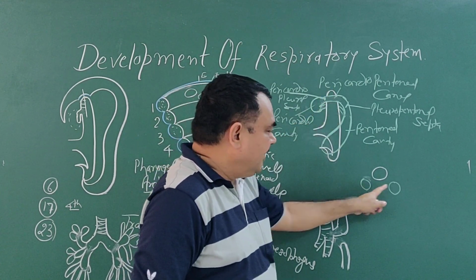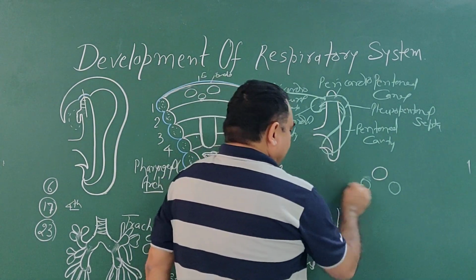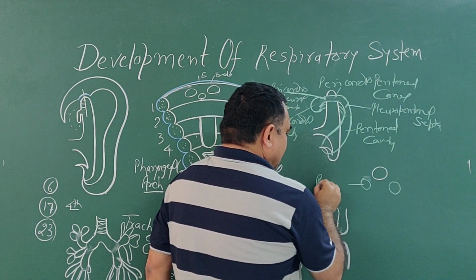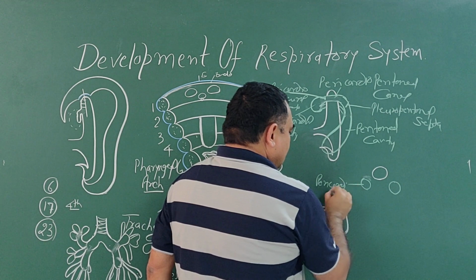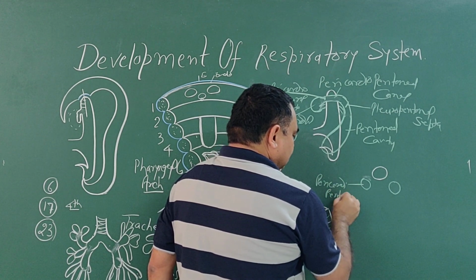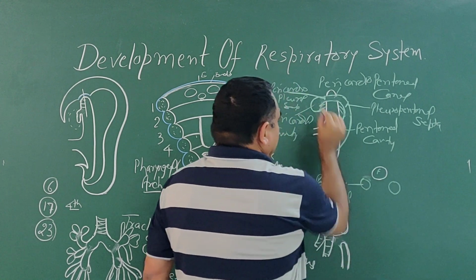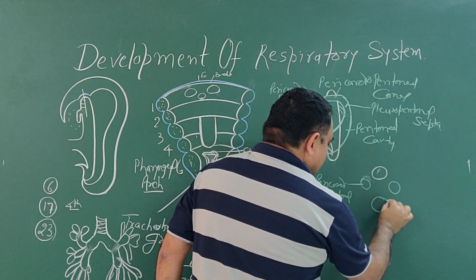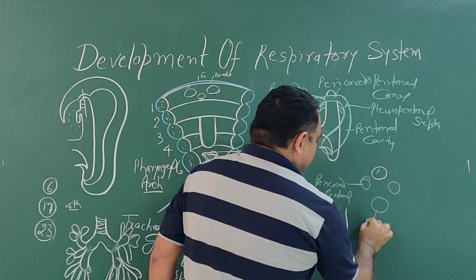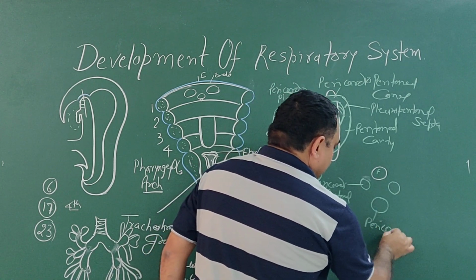This is the foregut, and on the rear side there is the pericardium.